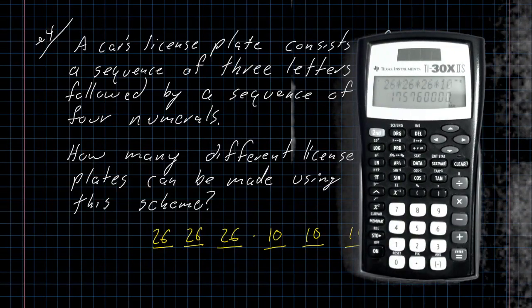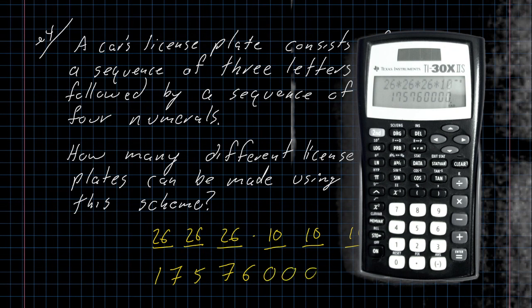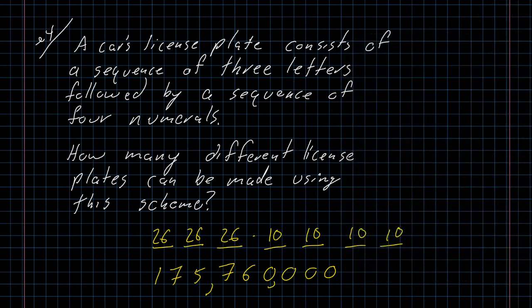And all told, we get this result. 1, 7, 5, 7, 6, and then we've got 1, 2, 3, 4 zeros at the end. Working backwards and putting in commas so that we can see how to read this number. There are 175,760,000 different possible license plates that can be issued in the state of Pennsylvania before they have to change the scheme that they use to produce them.